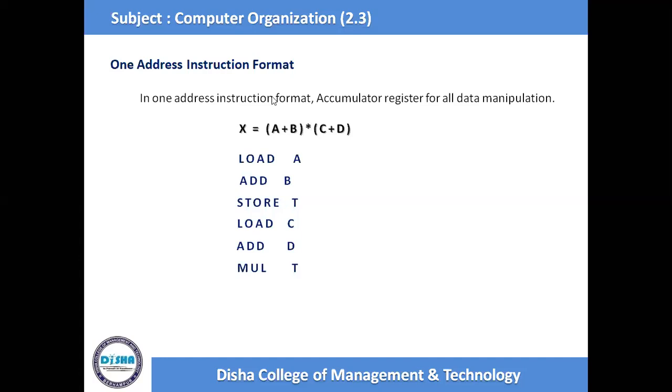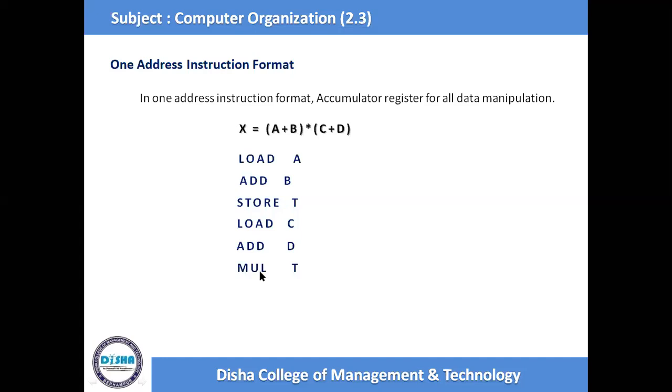After the performance of A plus B and C plus D, the result of A plus B is stored in T, that is a temporary memory location, and the result of C plus D is available in the accumulator. So the next instruction is to multiply the two results.